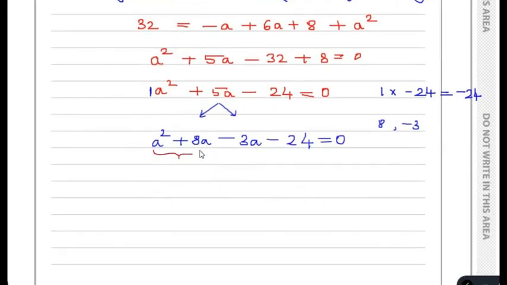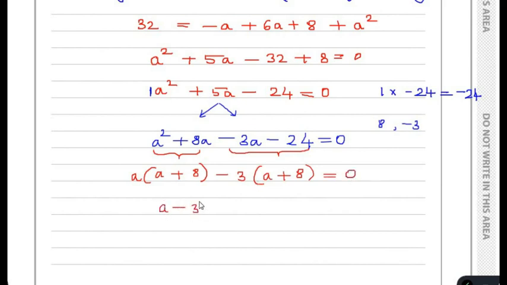The first two terms I'm going to combine and take out the common term, which is a, so what remains is a plus 8, and in these two I can take out negative 3 common, so in the bracket remains a plus 8 equal to 0. So we have a minus 3 as one factor and a plus 8 as another factor.